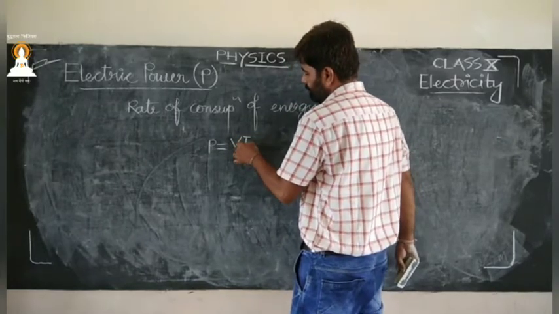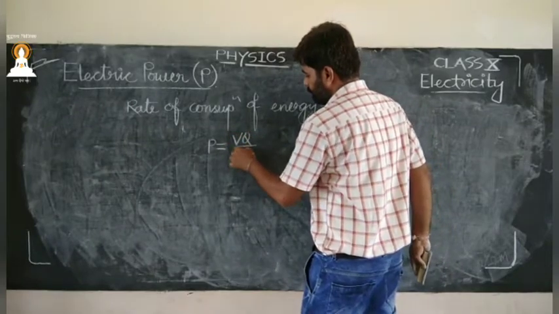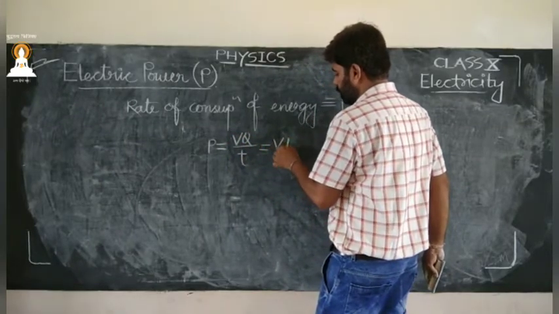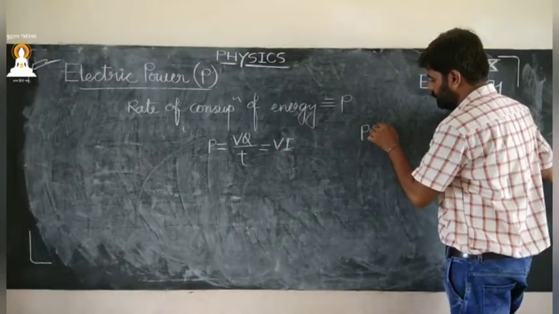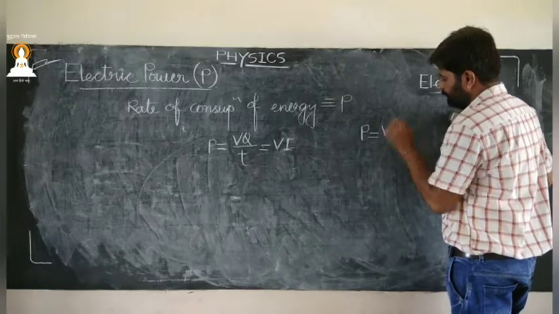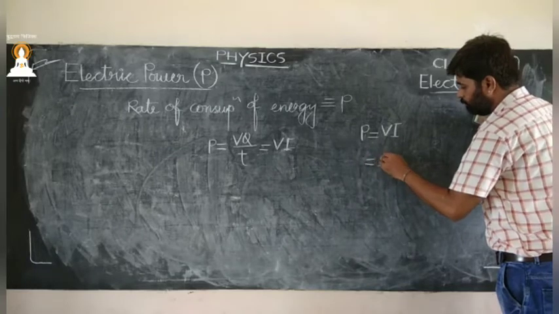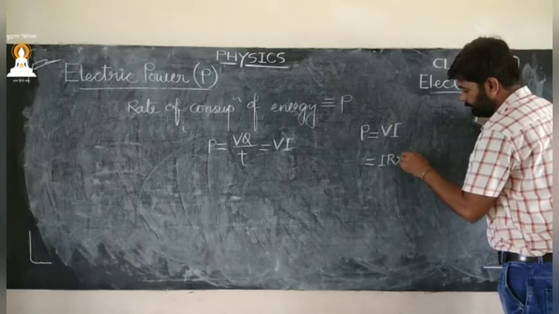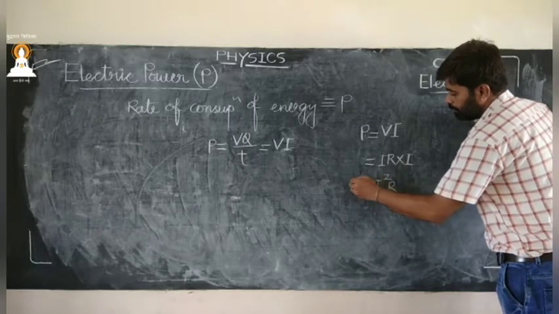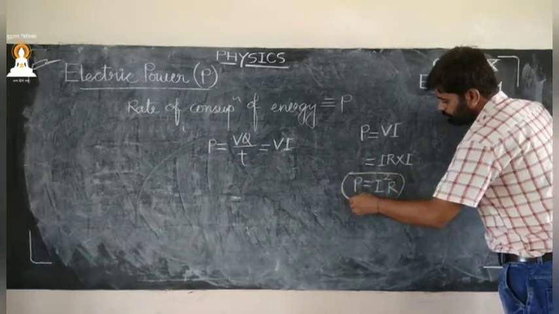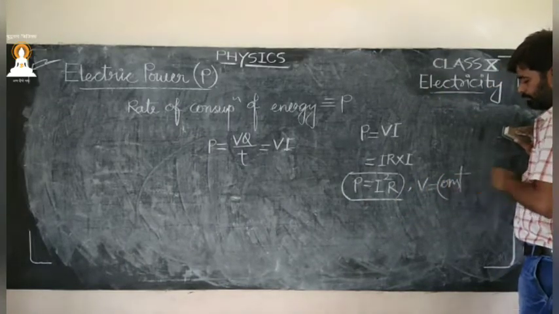As we have already done, that was V into Q upon T, and that was V into I. Now suppose I is constant... rather, V is constant, then this will be I into R into I, and that will be I square into R. So power is equal to I square into R for V constant.